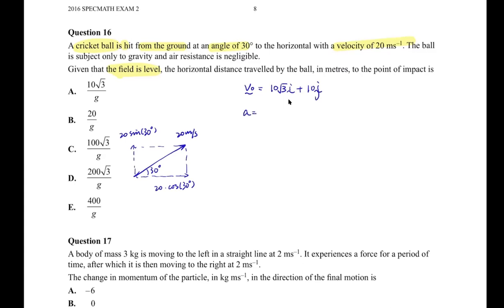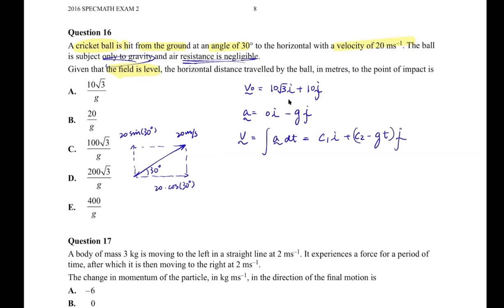Your acceleration is only subject to gravity, negligible air resistance. So a is 0i minus g times j. Velocity vector, where you anti-differentiate that, you should get c1 i plus (c2 minus g times t) j.